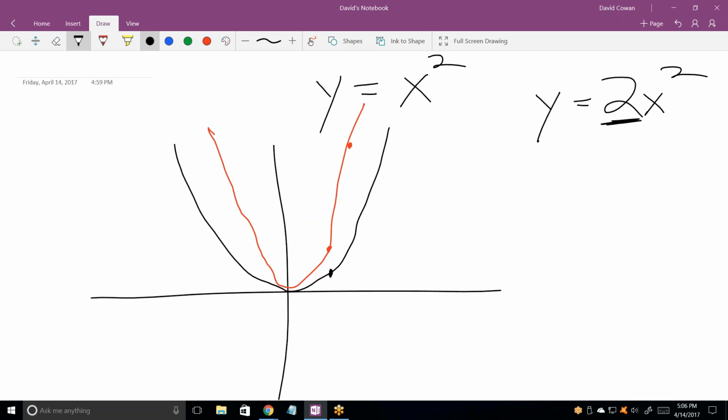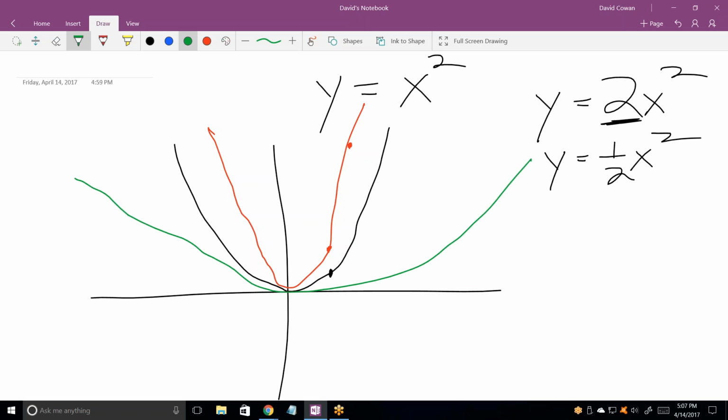If my function was y equals 1/2 x squared, that makes it flatter. Why? Because every point that would have been on the black curve is now half as close to the x-axis. And that's why the green curve is flatter than the black curve, and this is called a vertical shrink.